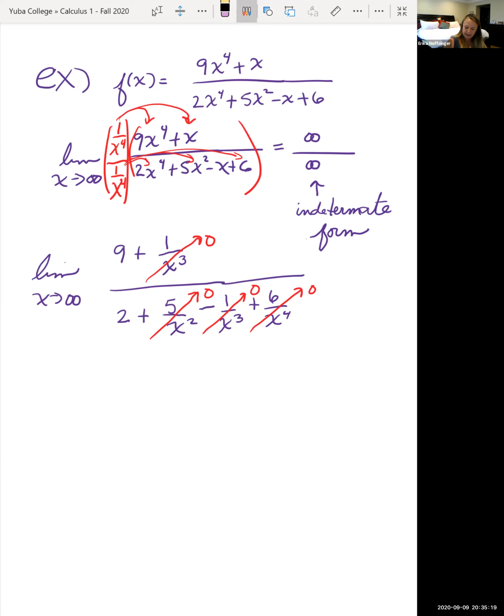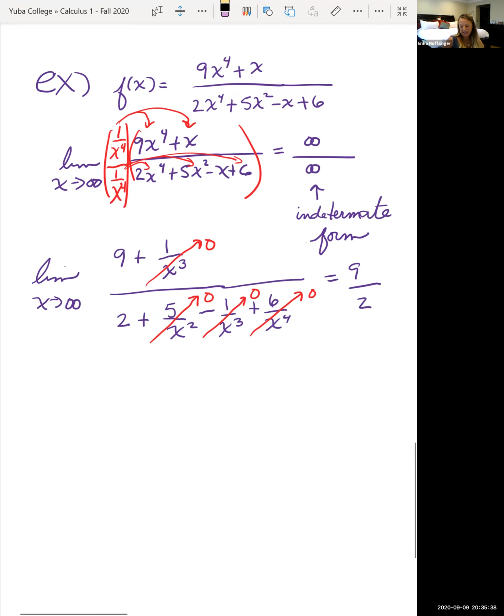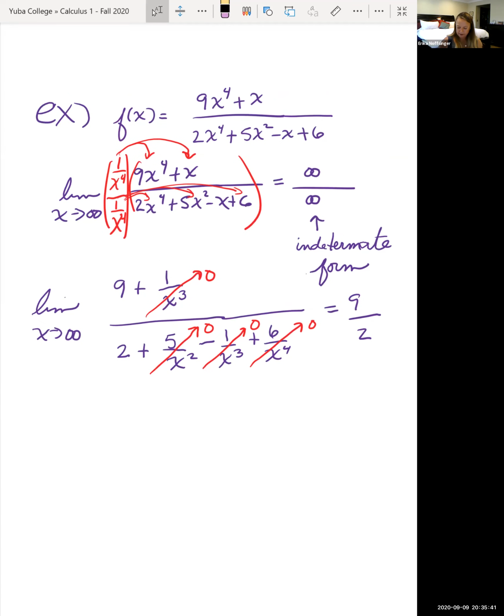So we're basically left with, as x is going to infinity, 9 plus 0, which is just 9, all over 2 plus 0 plus 0 plus 0, which is just 2. So as x is going to infinity, this has a horizontal asymptote at 4.5.